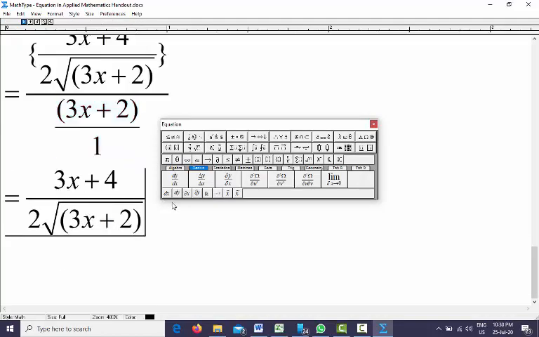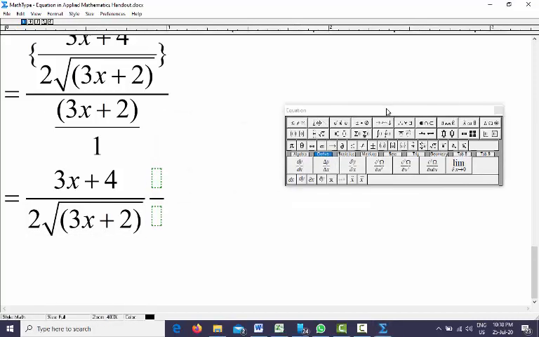So that means we have 3x plus 2 divided by 1, and it will be just reversed. We will have 1 divided by 3x plus 2.